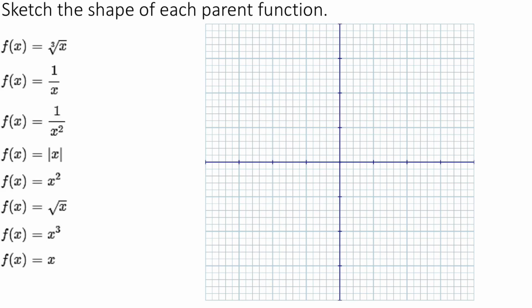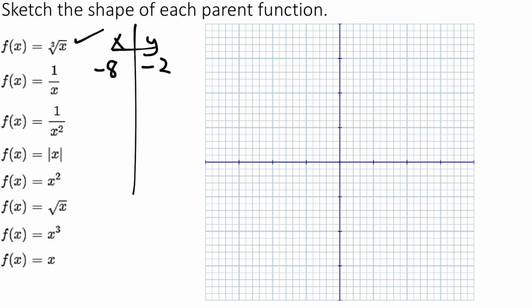So a cube root function, the cube root of x function, the first one here. So real quickly, I'm just going to sketch out a T-chart here. So we can take the cube root of a negative number. So I know what the cube root of negative 8 is, negative 2.